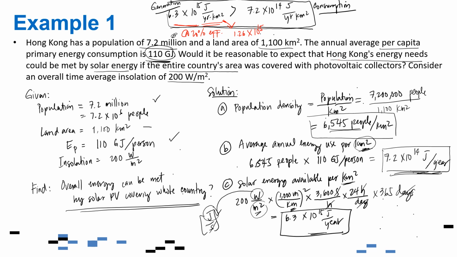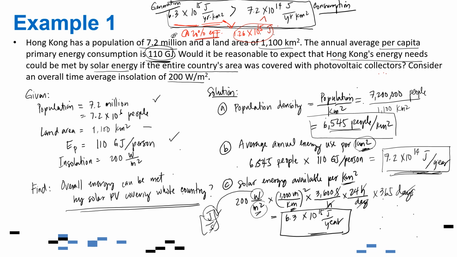So the value for 20% is still bigger than the consumption value, so it's still possible at 20% efficiency. Most solar PVs are actually in the range of 20% efficiency.